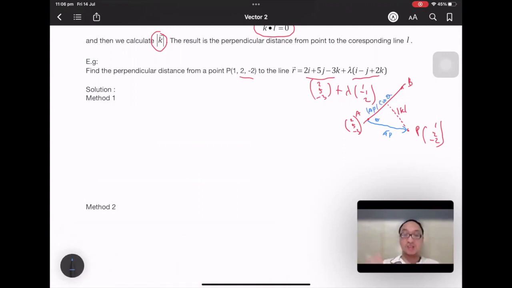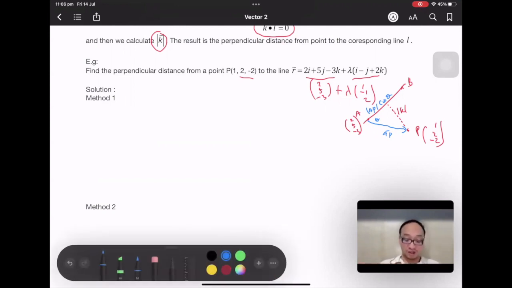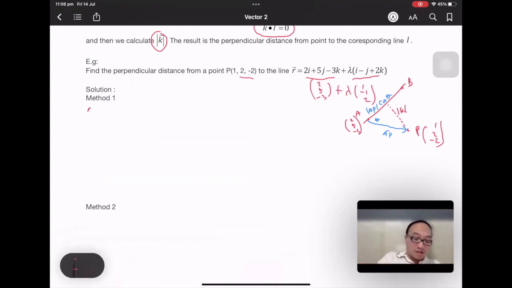This is the theta, the angle between the two vectors. So what is the formula? The AP cos theta is equal to vector AP dot vector AB over the magnitude of AB.